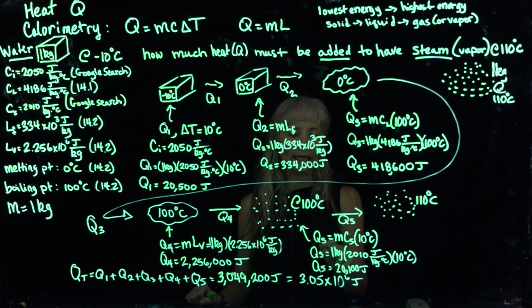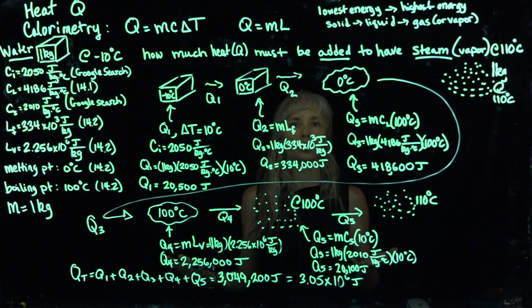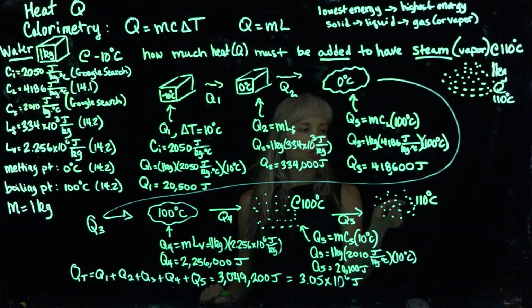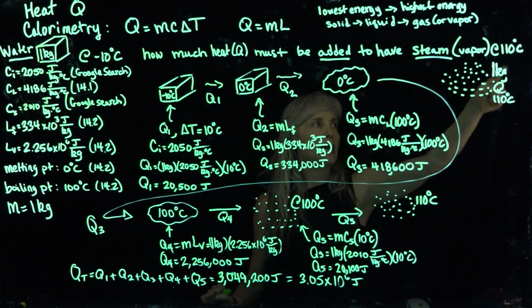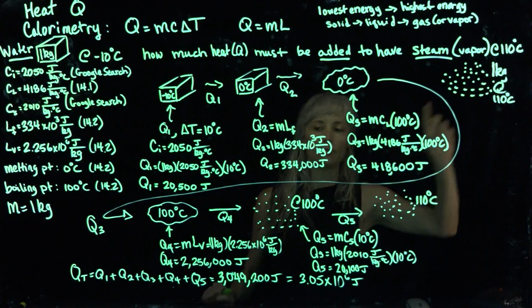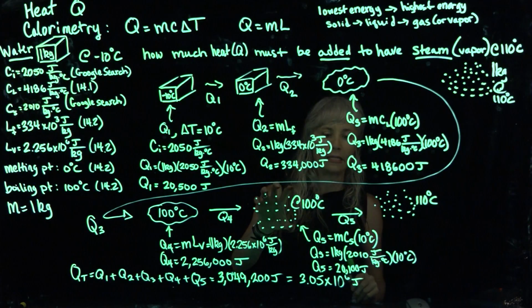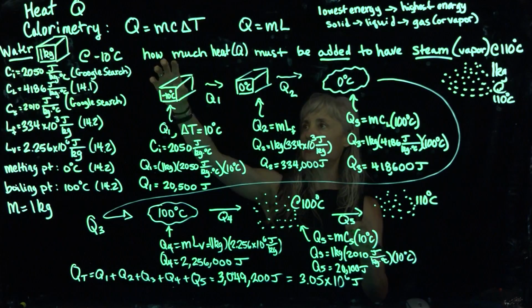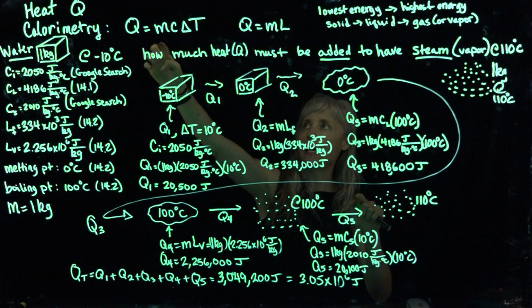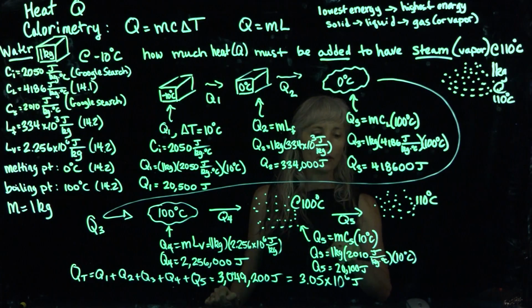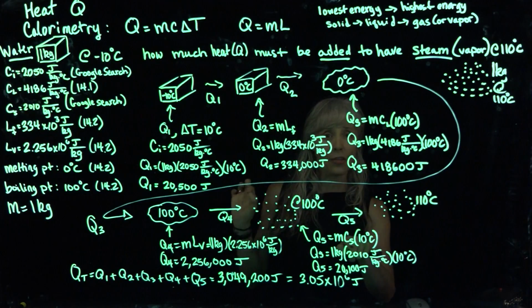Now when I add heat energy Q5, what's going to happen? Now the temperature is going to change. So I want to change the temperature by 10 degrees C, because remember my goal is to have steam at 110 degrees C. I currently have steam at 100 degrees C. So when I'm changing the temperature, this is the equation mc delta T. So the mass times the specific heat, and now the phase of the material is steam.